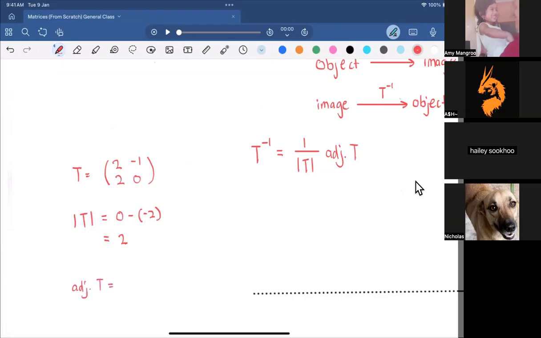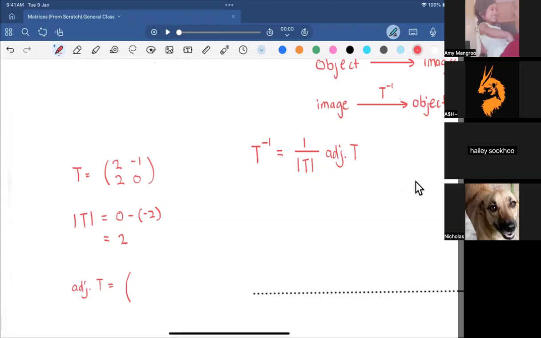To figure out the adjoint, what do we have to do with our matrix? I don't know how to say it. Tell me the answer.